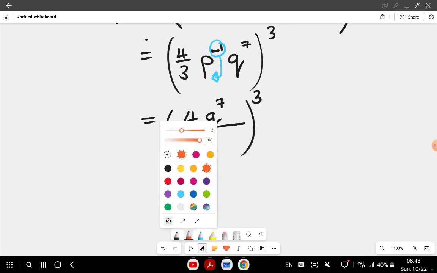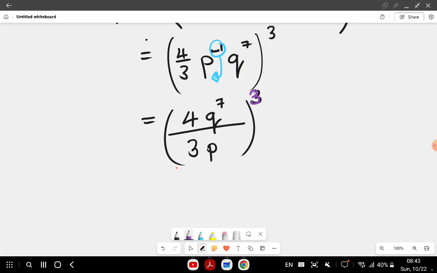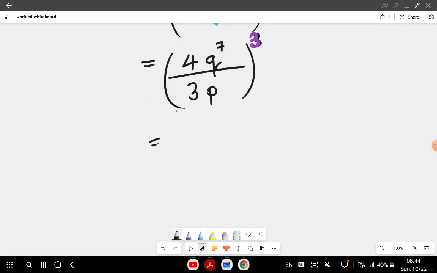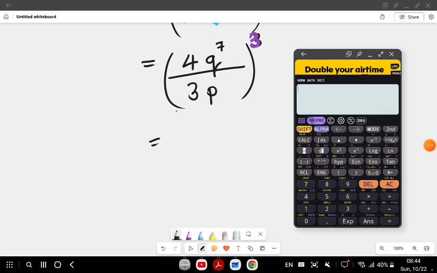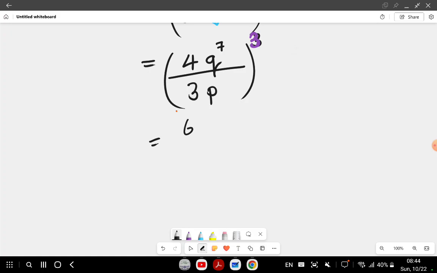Now I am going to deal with this exponent outside the bracket. So 4 to the power of 3 is going to be 4 times 4 times 4. I want to show you on the calculator because we haven't done much of that. So I'm saying 4 exponent 3, that gives me 64.